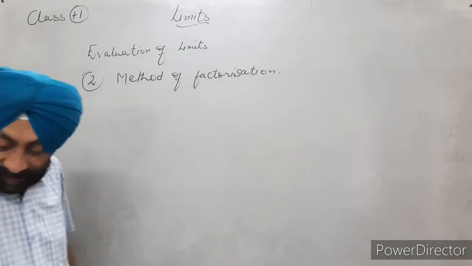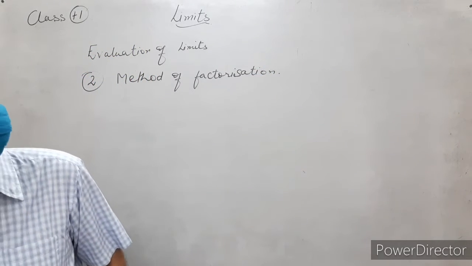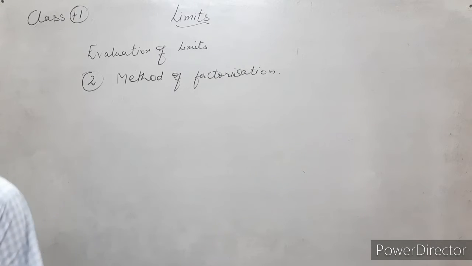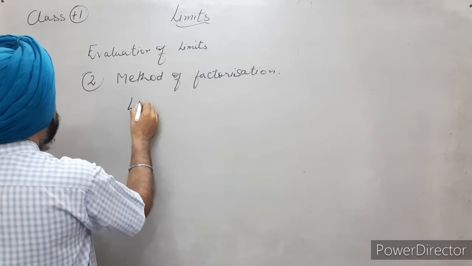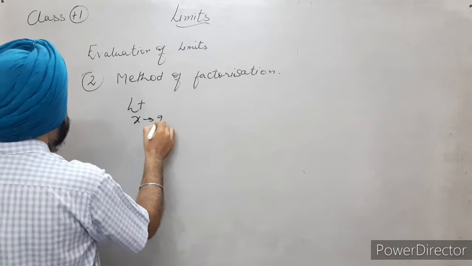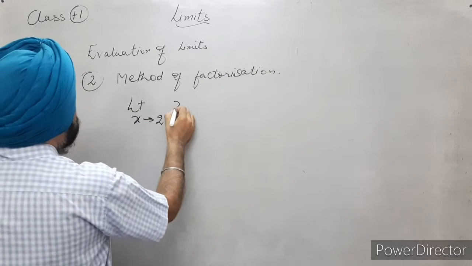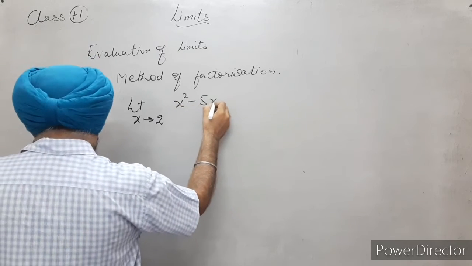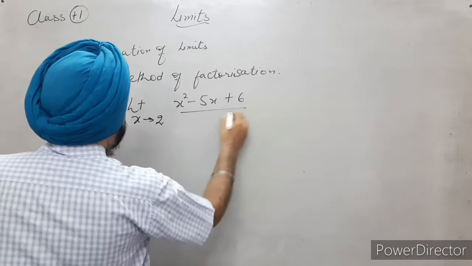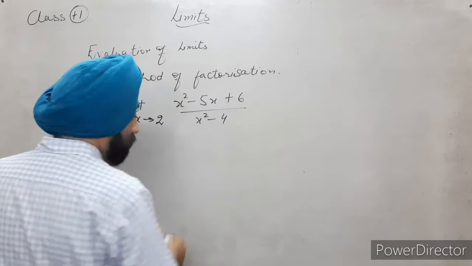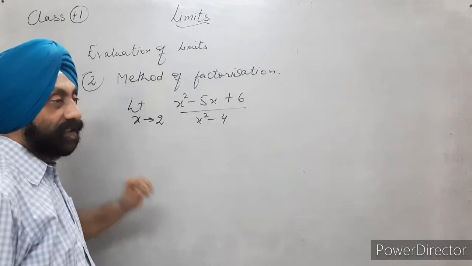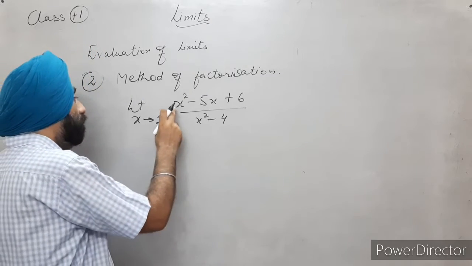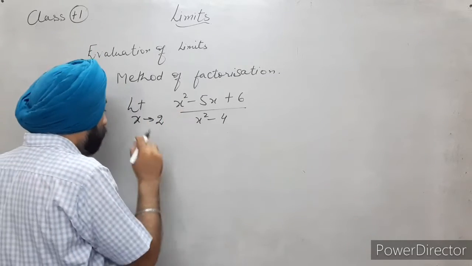Let me cite an example for this. Limit x approaches 2 of (x square minus 5x plus 6) divided by (x square minus 4). If I directly substitute the value of x as 2, what will I get?